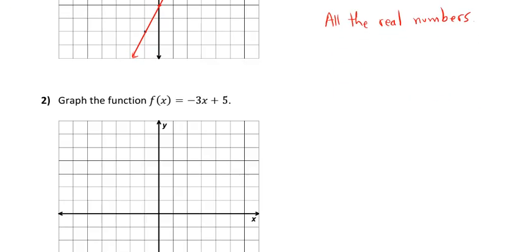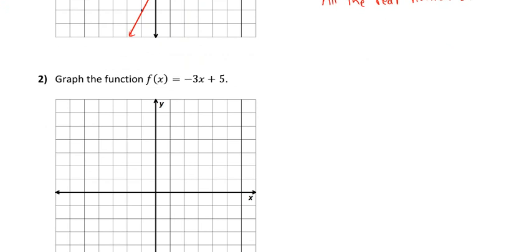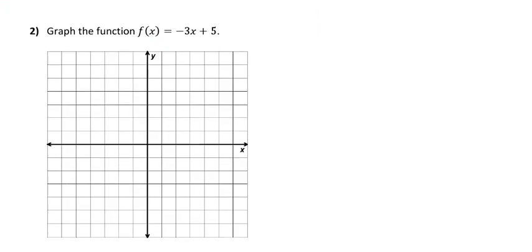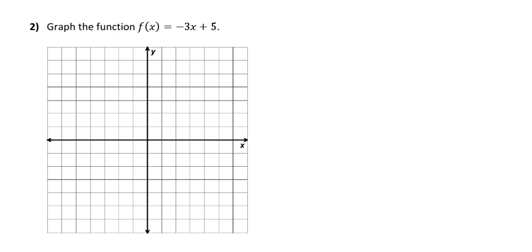And number 2, which I'm not going to do, just explaining very briefly, we know that f of x is the same as if we had a y over here, so it's the same. So it is y is equal to 3x plus 5.